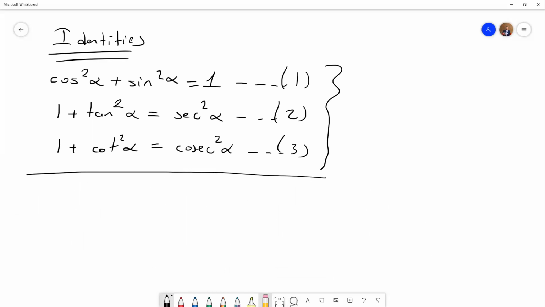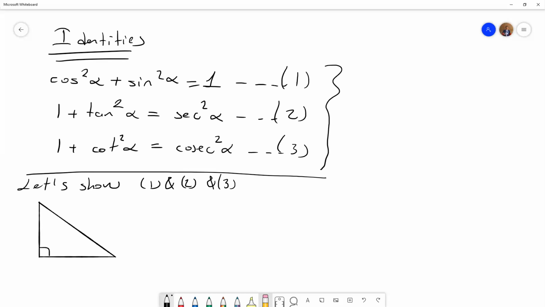We can use a triangle. Let's show 1, 2, and 3, I said. So we have a right triangle like that, and we have A here and B here. Let's say our angle is alpha here and C here. You know that A square plus B square is equal to C square.